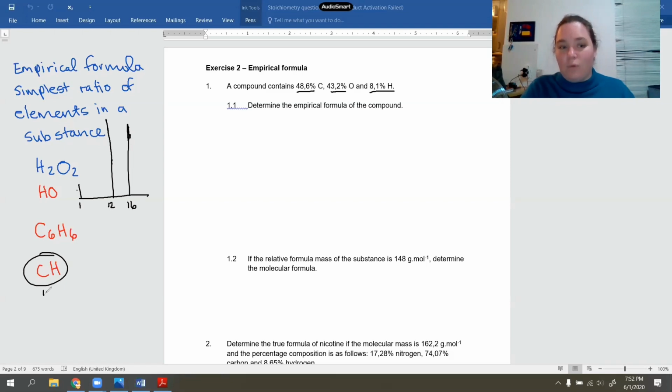We can tell that for every 1 carbon, there's 1 hydrogen, but we don't know if it's CH or if it's C2H2 or if it's C3H3 or if it's C4H4. We don't really know what the formula is, and that's where the empirical formula comes in. It gives us the ratio that we've got. Later, when we get the formula mass, that helps us to decide, oh wait, it's actually C6H6. We're 100% certain it's that one.